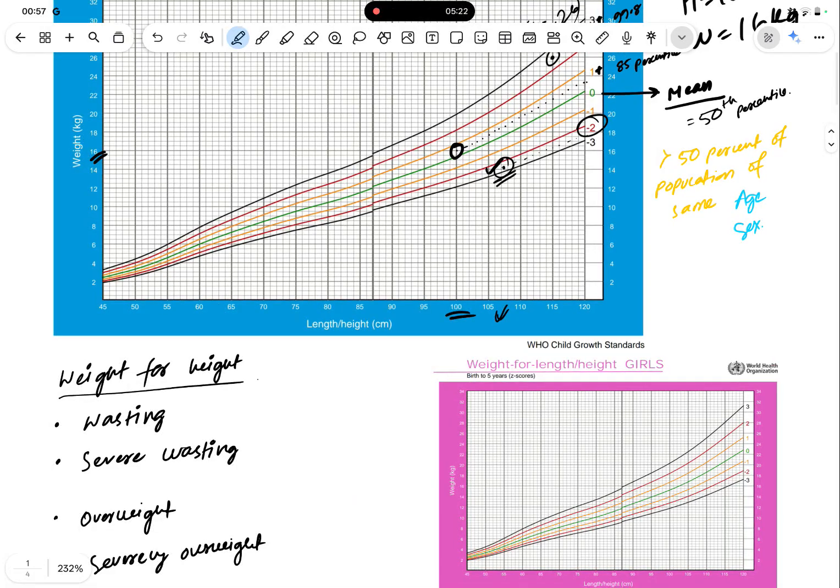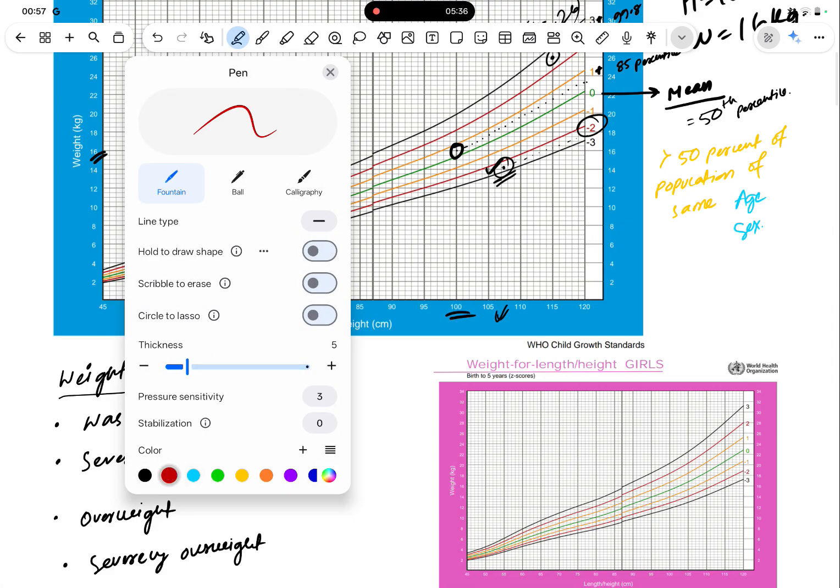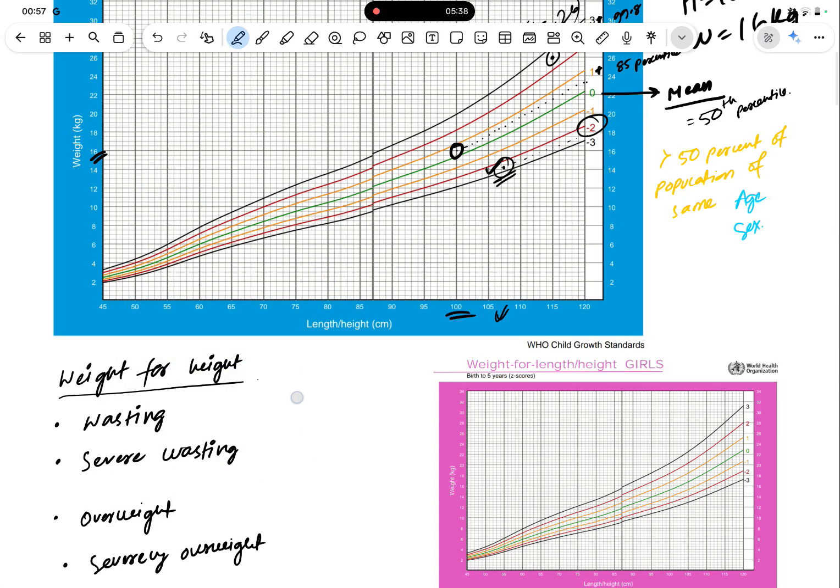So we call this wasting, that is when the weight for height is less than minus 2 standard deviation. Okay, we will mark it with red. And severe wasting is when the weight for the height of the children is less than minus 3 standard deviation.